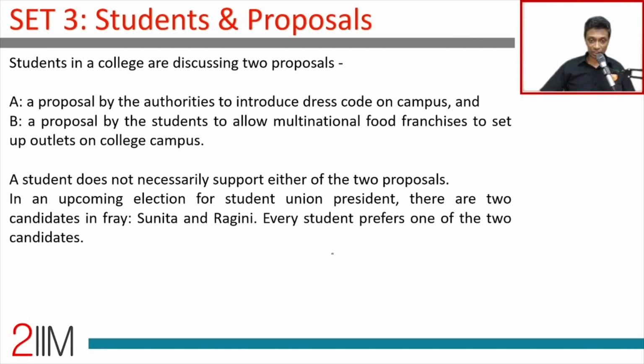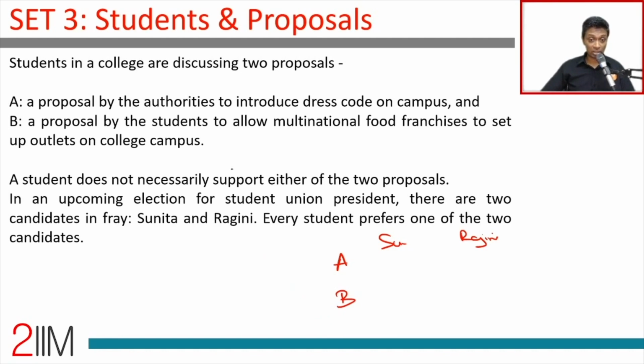There's a classification here. It's very important to get the hang of this. There is A and B, and then there is Sunita and Ragini. But there's a very important distinction here. A and B are proposals. I can imagine a student saying, I'm for proposal A and for proposal B. You can also imagine students saying, I'm not for either proposal.